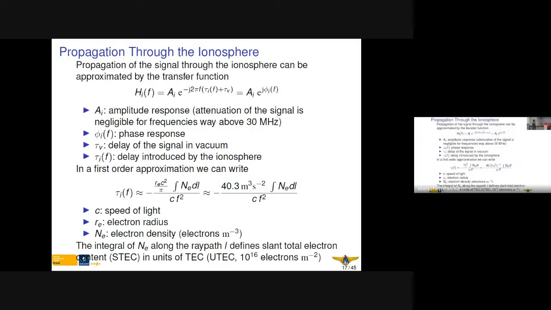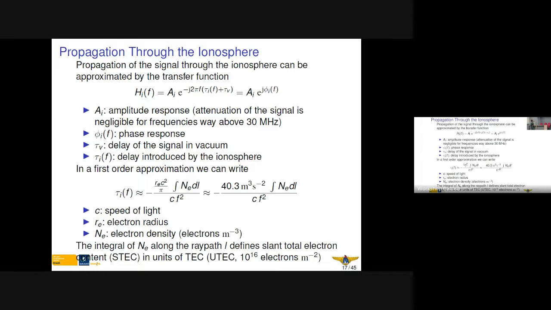The propagation of the signal through the ionosphere can be approximated by the transfer function H_i(f), dependent on f. And we can see here that we have a delay T_i(f) that is dependent on the frequency, and we have a delay of the signal in vacuum. So this transfer function models the propagation of the signal in vacuum plus the effect of the ionosphere.